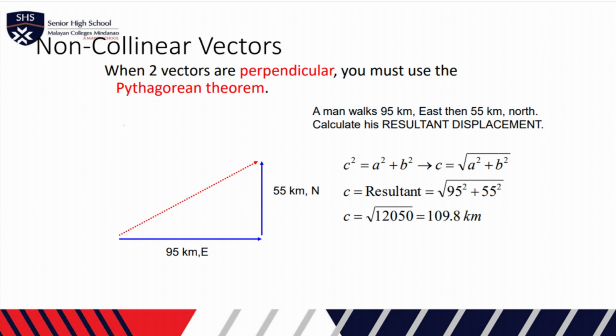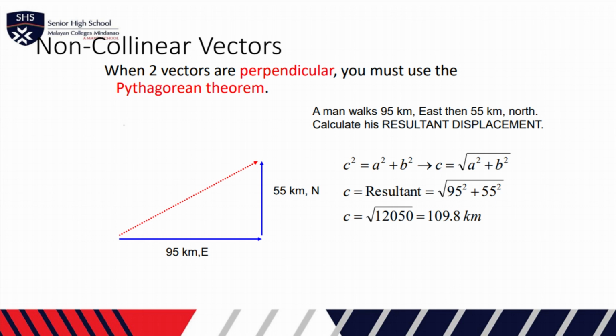A man walks 95 kilometers east, then 55 kilometers north. You need to calculate his resultant displacement. If you draw an arrow from the head of the second vector to the tail of the first vector, you could create a triangle.